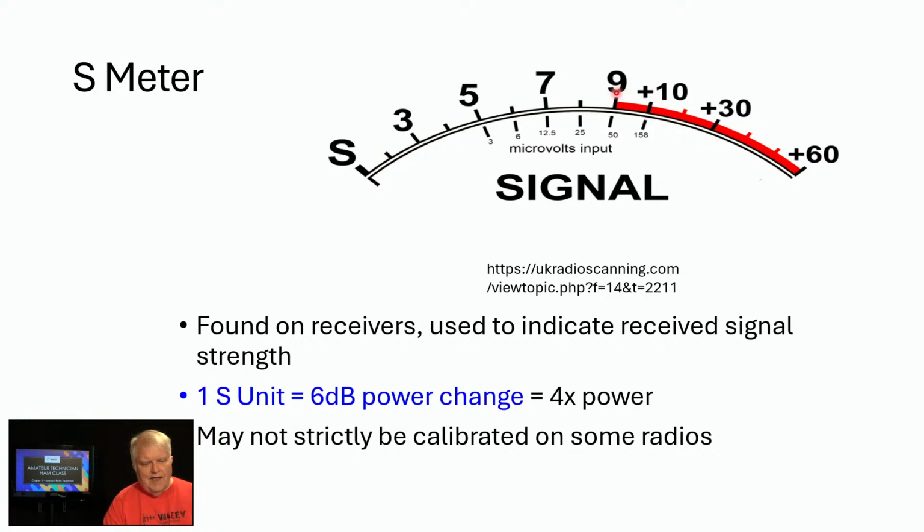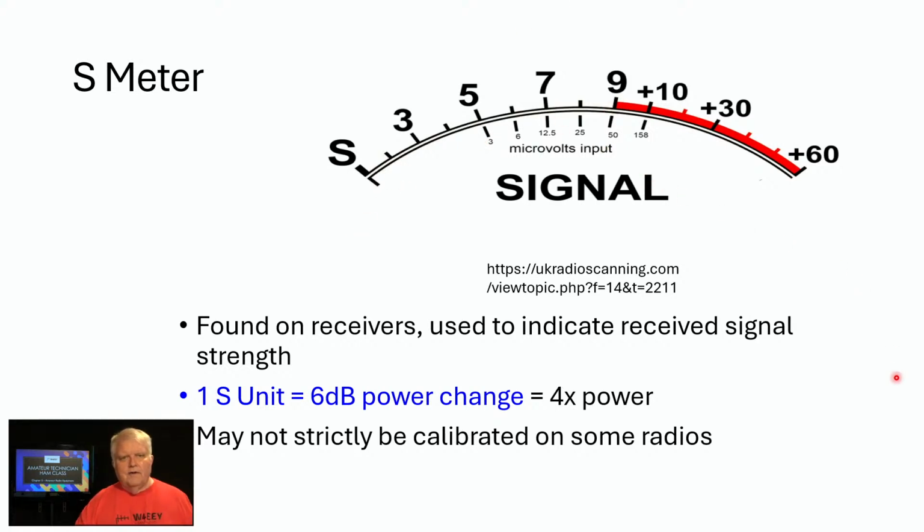Each one of these steps from like 8 to 9 is considered to be 6 dB. Most manufacturers have standardized on that, which is a 4 times power change, by the way. So when you start listening to signals and seeing them on the S meter, you'll realize what a really strong signal is and what a really weak signal is, and you can interpolate and interpret that by using the S meter.